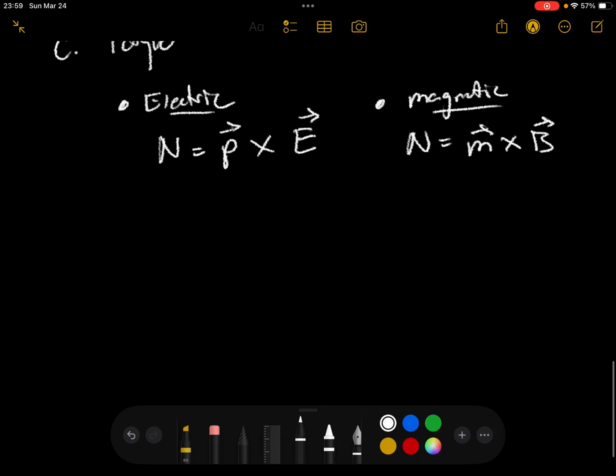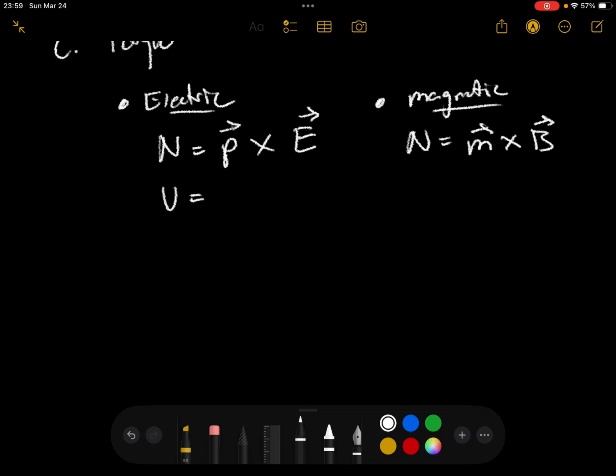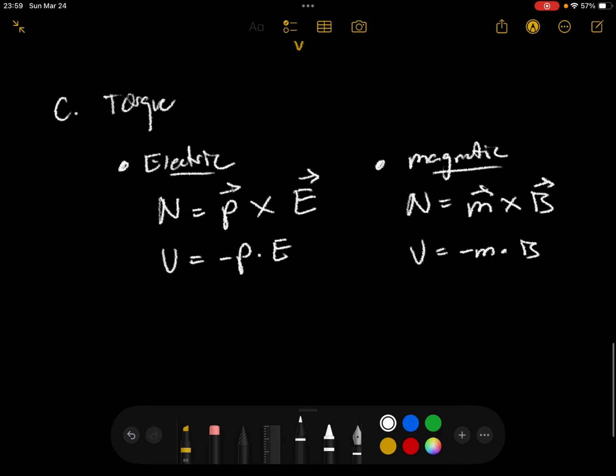And these are, of course, vectors. And then also, just to be helpful, potential energy is negative dipole dot E, and it's the same thing for the magnetic.